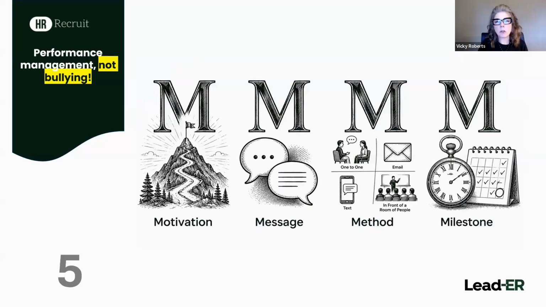And if you can say, look, all of those 4 M's are in place, there is positive motivation, good quality message, appropriate method for the nature of the issue and the individual, and we're dealing with this in a timely way. And of course, you've got more than one milestone to be thinking about here. Then you can very confidently say to a manager, there isn't going to be a sustainable allegation of bullying here.